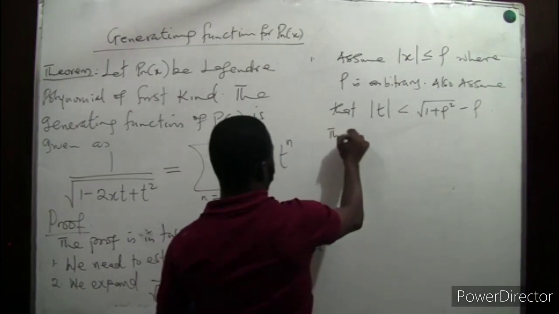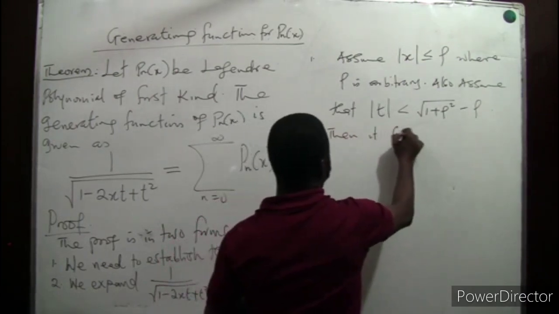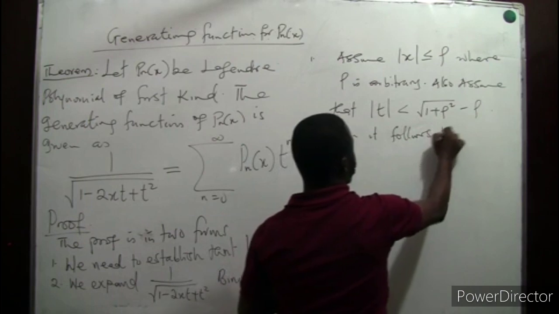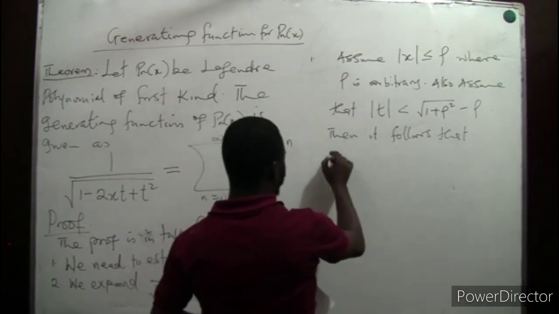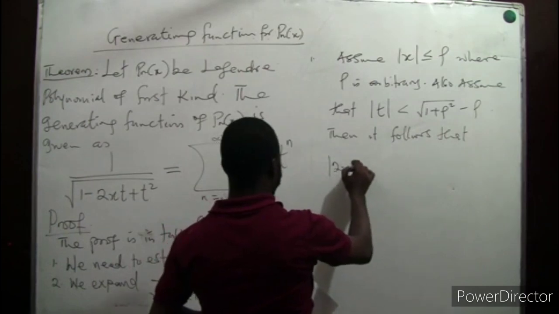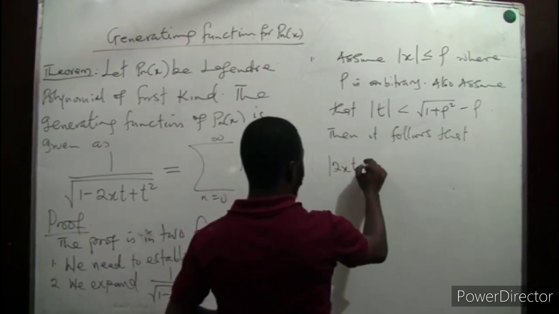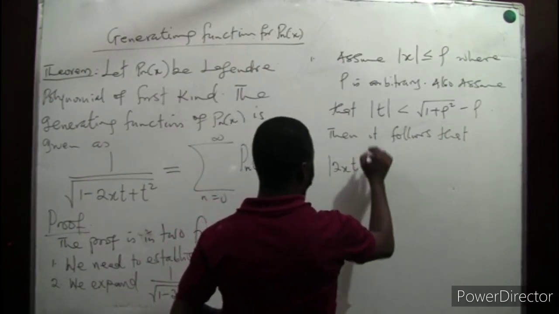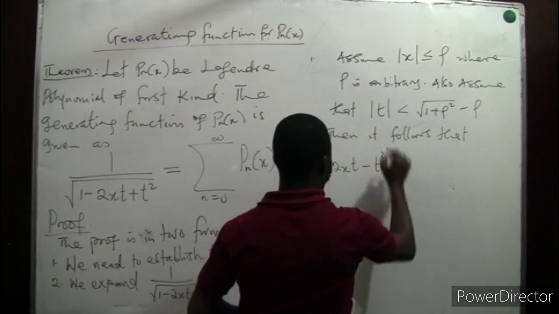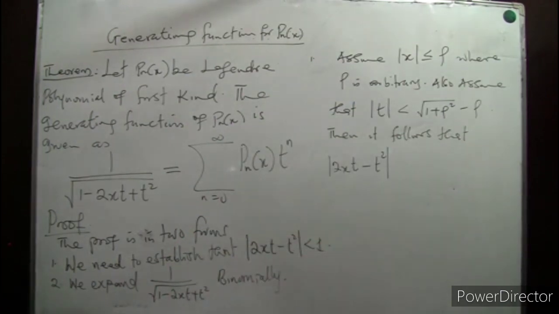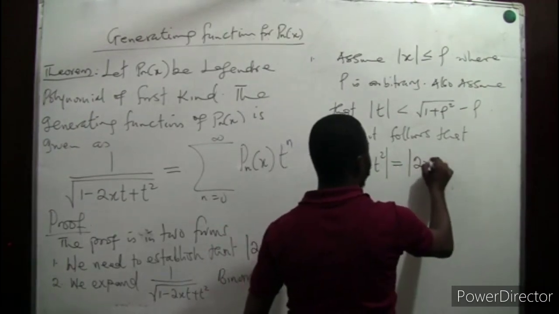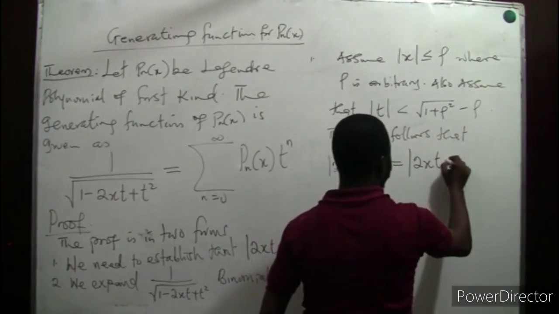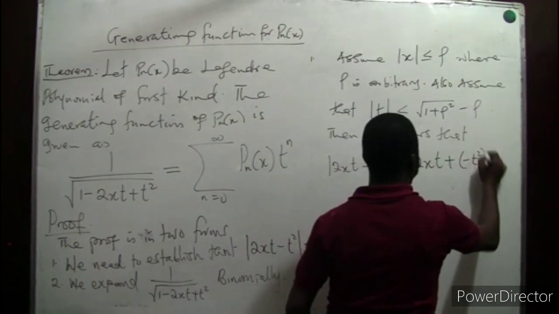Then it follows that modulus of 2xt minus t squared, first of all, can be written as modulus of 2xt plus (minus t squared).